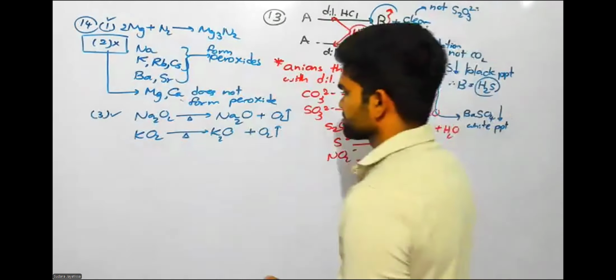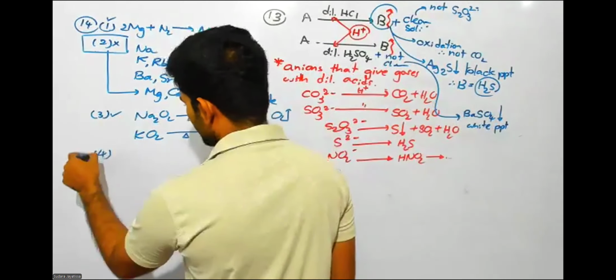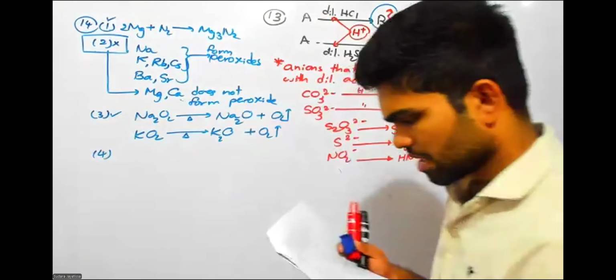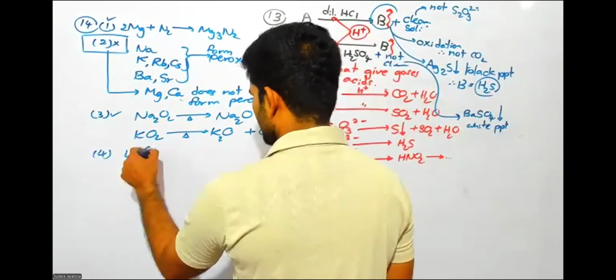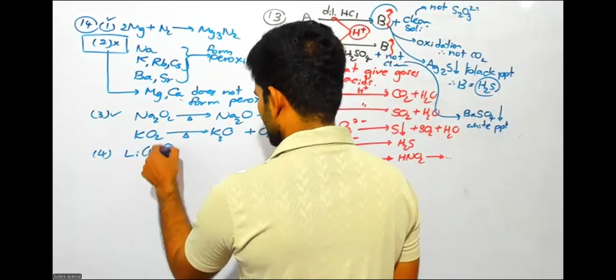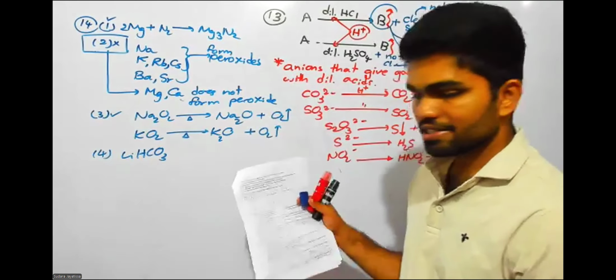Understood? And then the fourth one: hydrogen carbonates of lithium, that means lithium bicarbonate, LiHCO3. It is showing a relationship similar to group 2. Group 2 magnesium bicarbonate is similar to this one.